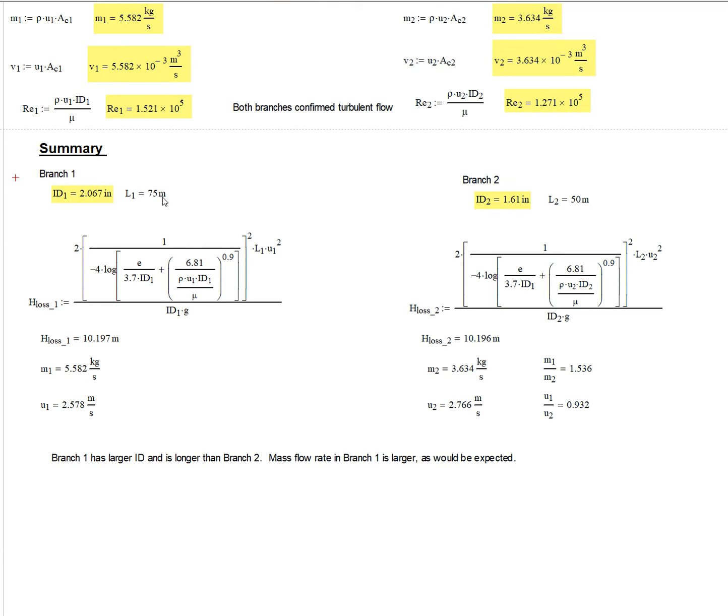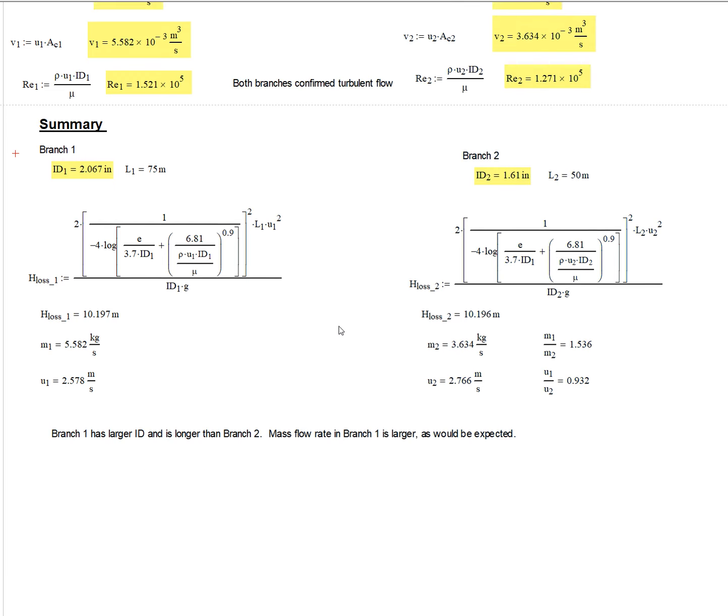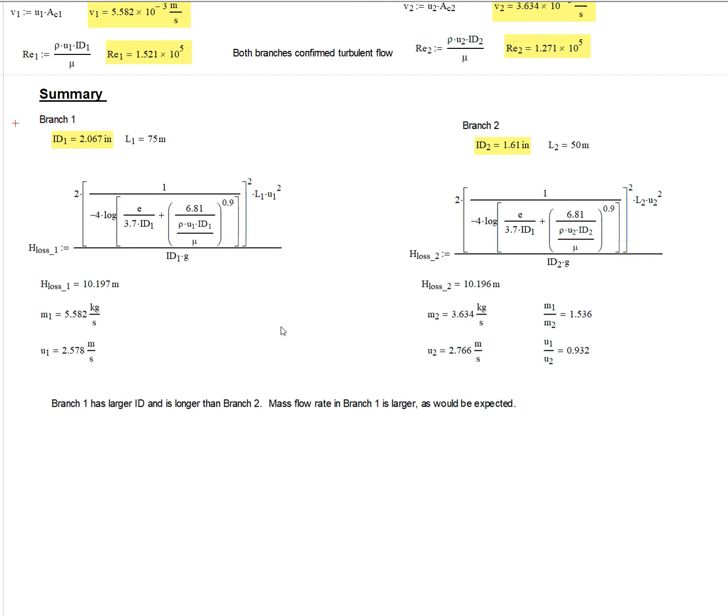The lengths were different. So branch 1 has less resistance to flow based on inner diameter, but you can see it has more resistance to flow based on the equivalent length. And so the reason why we can't just look at this and eyeball it and do the calculation in our head is that it's more difficult to figure out how these two factors interplay to affect the actual flow rate through the system.